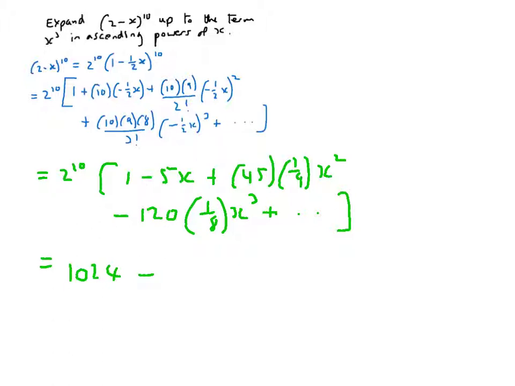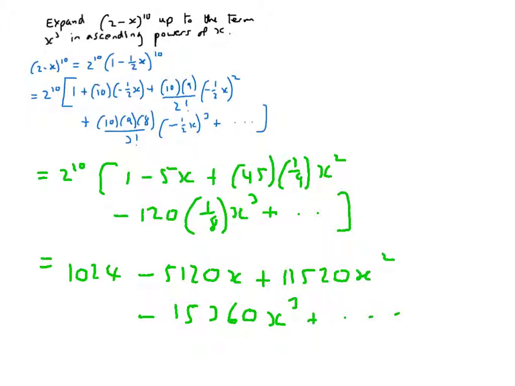So 1024 minus 5 times 1024 is minus 5120x, plus 45 times a quarter times 2 to the power of 10 is 11520x squared, and finally minus 120 divided by 8 times 2 to the power of 10 is 15360x cubed plus... And we're done.